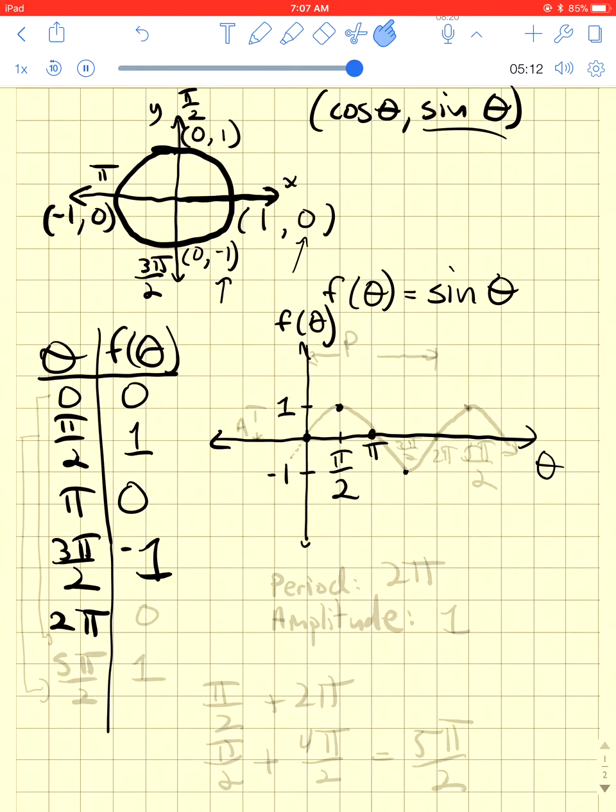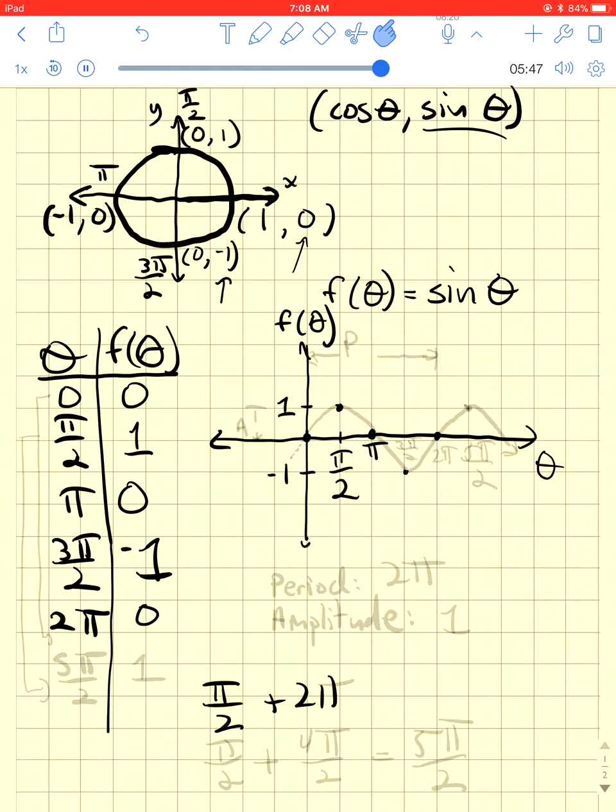Well, 2 pi is not in 2s, so we say pi over 2 plus 4 pi over 2. It's just 5 pi over 2. So when theta is 5 pi over 2, we're back up here at 1. So now we know that it does repeat, because from here to here is repeating, and from here to here is also repeating. So we know that it's going to go like this.